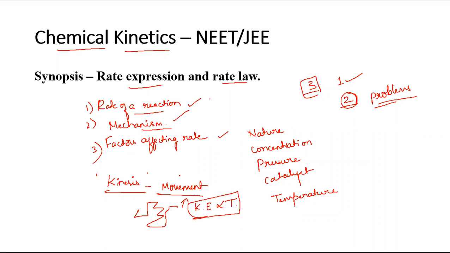So what is the purpose of knowing the rate of a reaction? For example, here I'll take the example of burning of sodium. You know about sodium. Can anybody tell me why sodium is called a highly reactive metal, or what happens when sodium is exposed to atmospheric air?